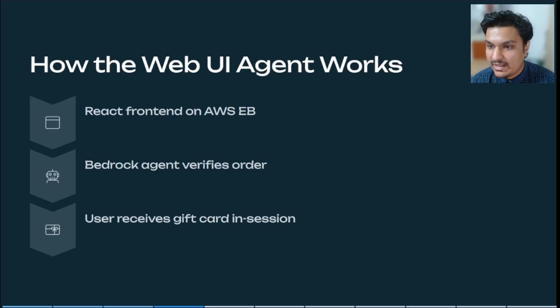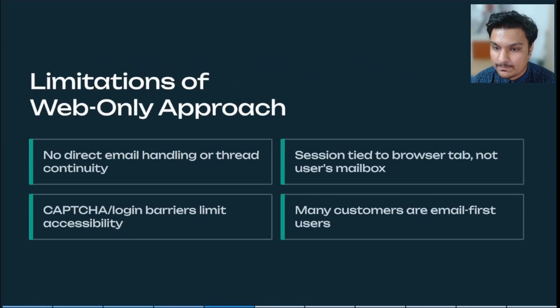So there it is, email again. The whole thing happens in one session. Limitations, exactly that: there's no continuity. There's no thread involved. The session is tied to that specific browser tab. If you close it, any trace of that session existing dies.